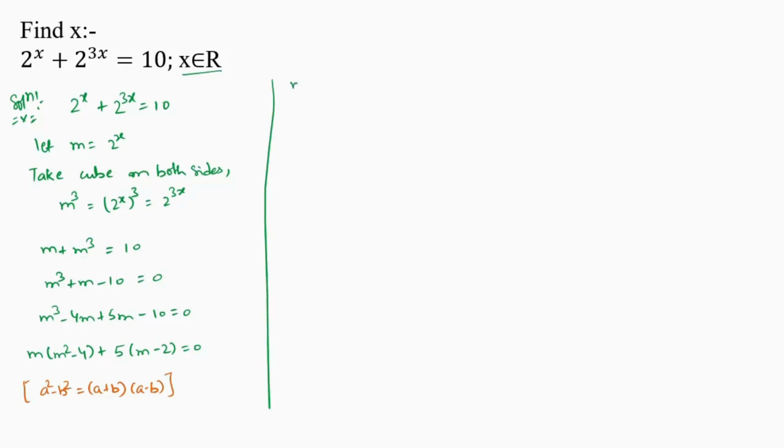So our equation will become m times m plus 2 times m minus 2 plus 5 times m minus 2 equals 0.